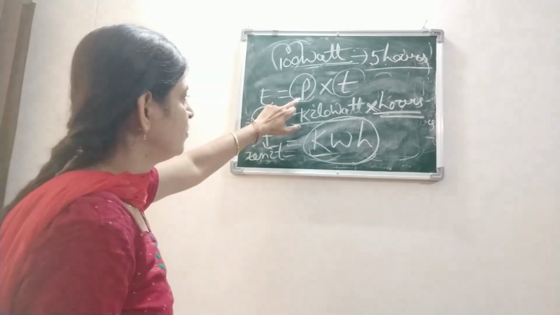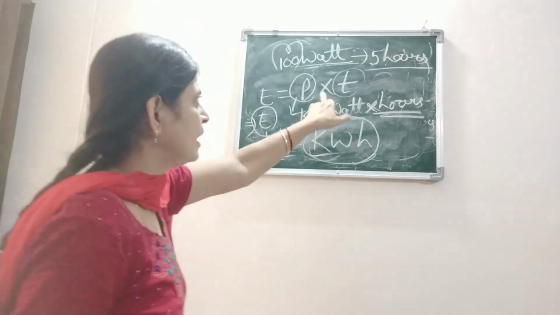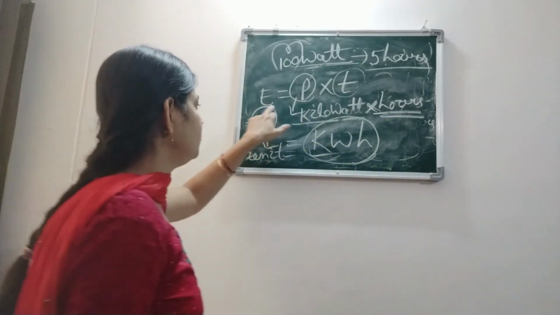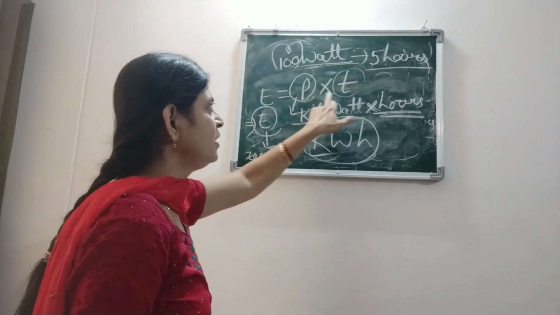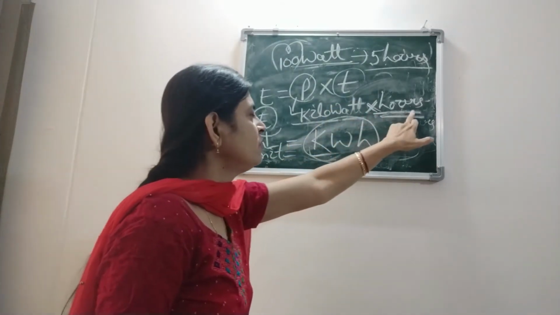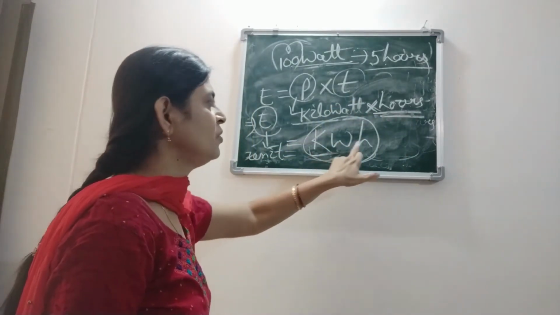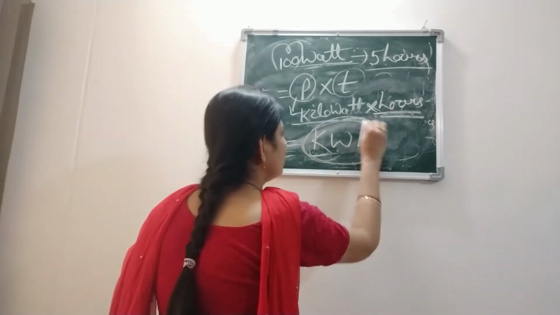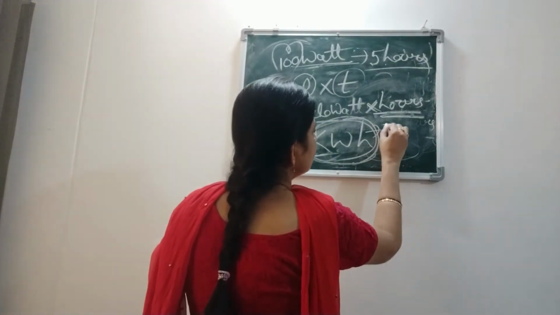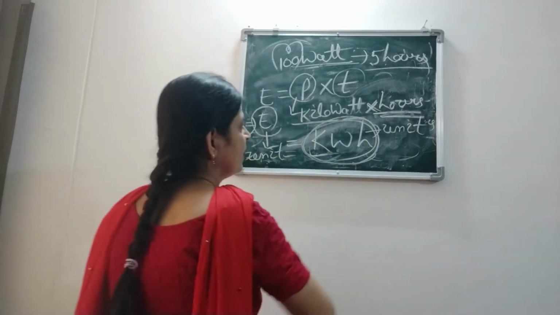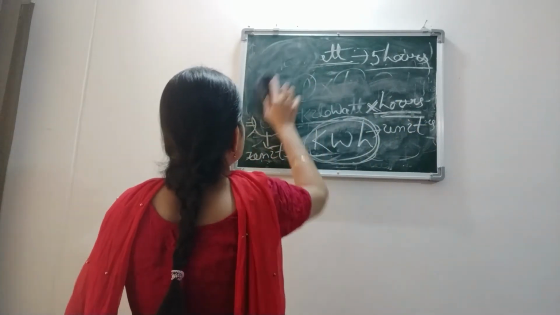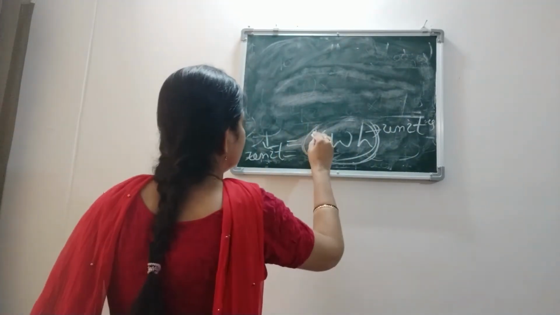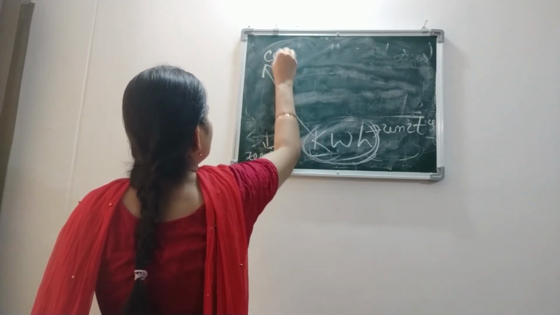Clear? If power is taken in kilowatt and time is expressed in hours, then the unit of energy will be equal to P into T. So kilowatt into hour, or it can be written as kWh, means kilowatt hour. Now this kilowatt hour is also called as your unit, and this is the commercial unit of energy.